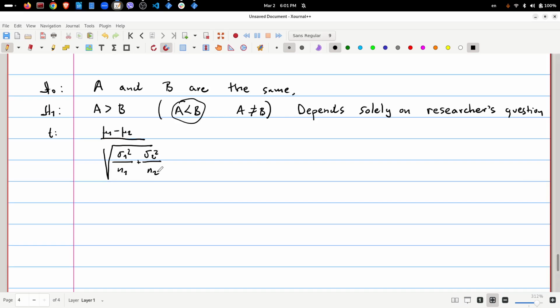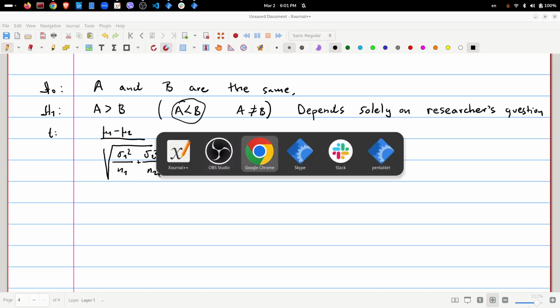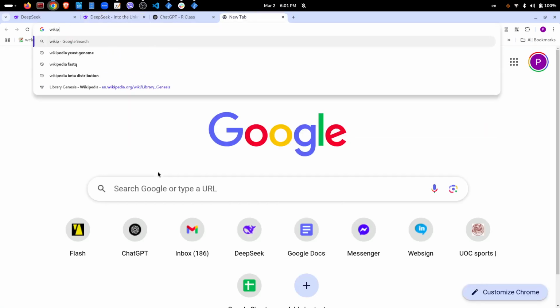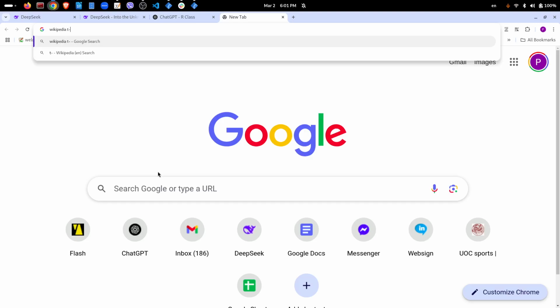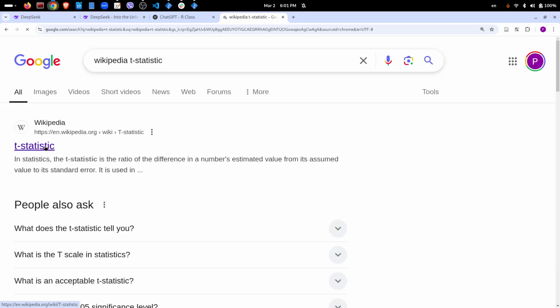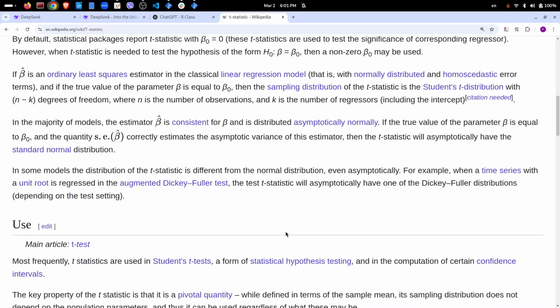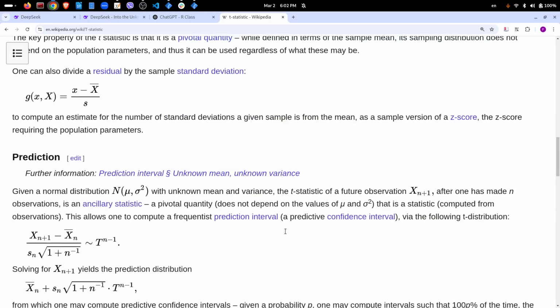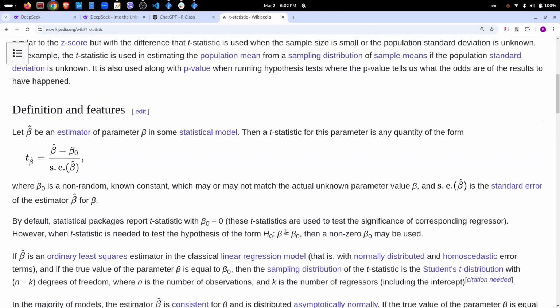You can check Wikipedia that this is correct. Or better to check with a t-test.